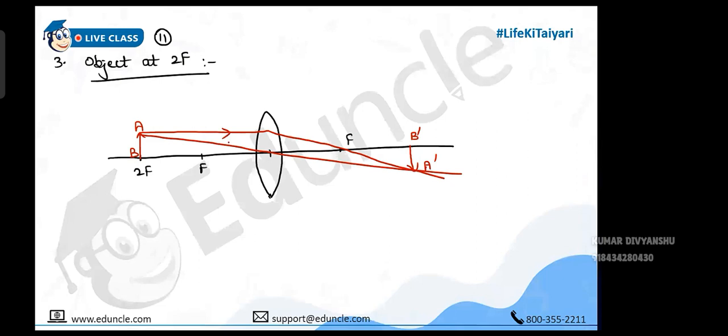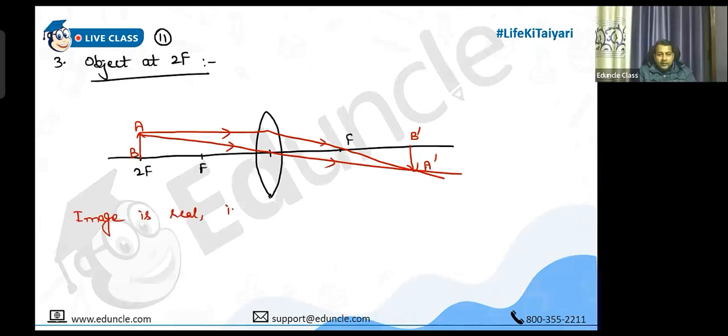Same size. You can see all the time image is real, inverted.